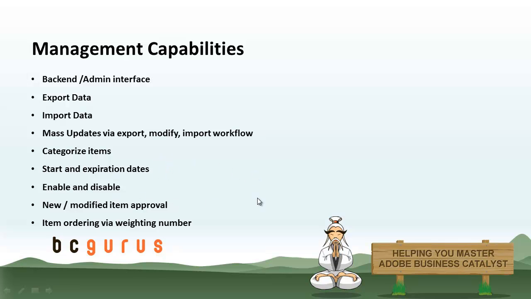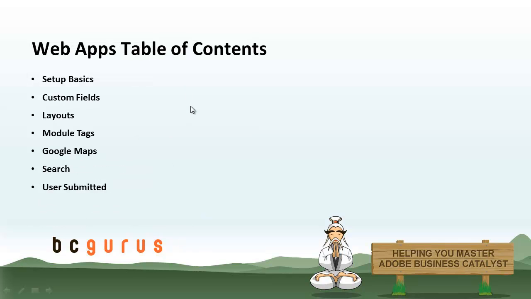When it comes to customer submitted items, you can set it up so they're just approved automatically, or you can set up a workflow system so that when new items are created or existing items are updated, they have to go through an approval process. And they support a couple different orderings, including just the built-in weight ordering, so you can set your ordering very granularly based on items.